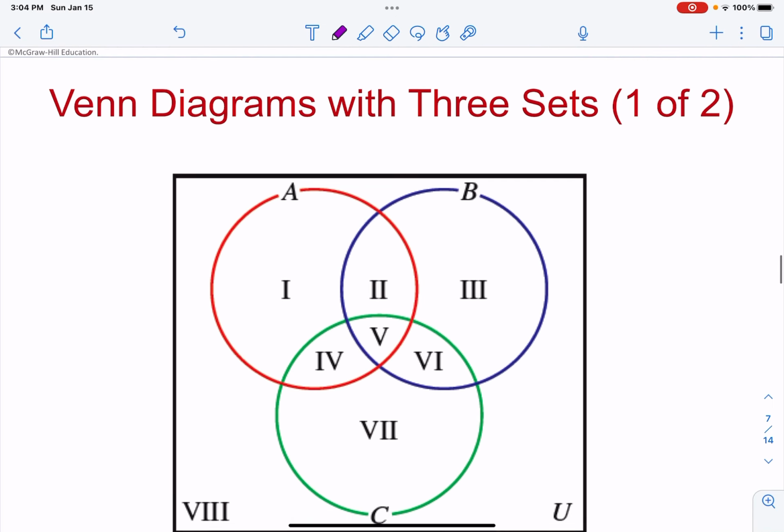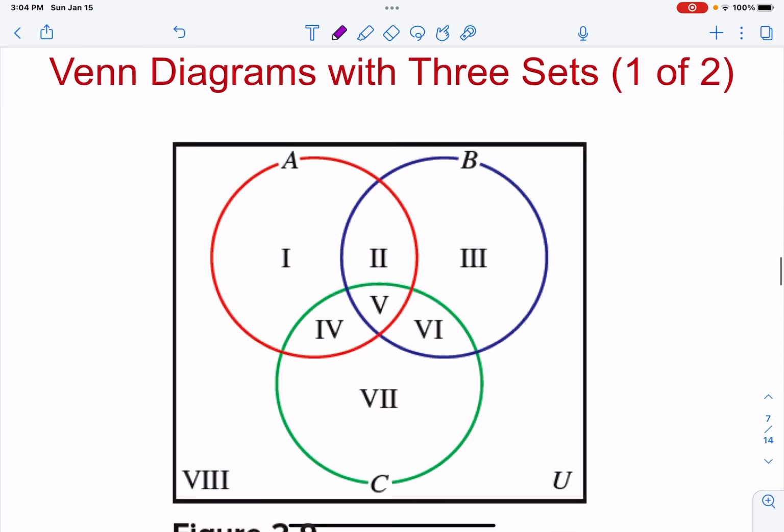All right, so now we're going to do it with 3 sets. Again, your numbers are always going to be 1, 2, 3, 4, 5, 6, 7, and 8 when you do that. Okay, so let's try one.